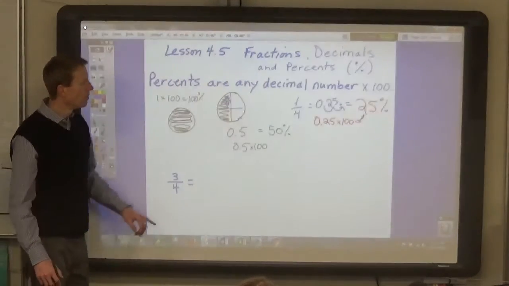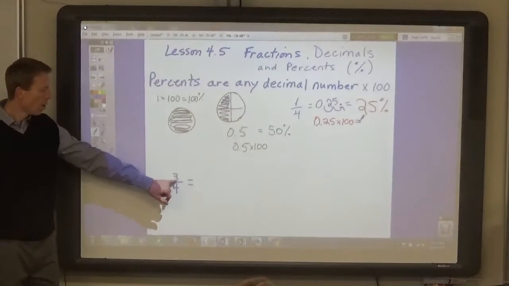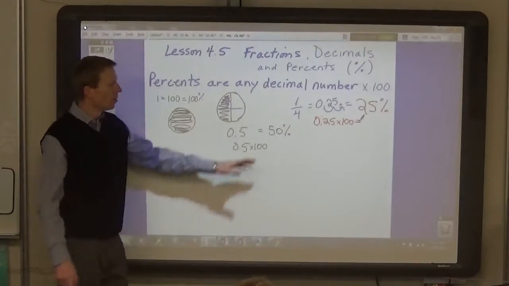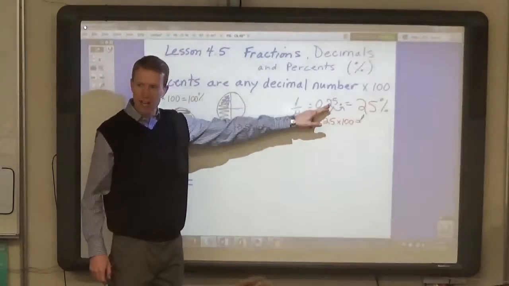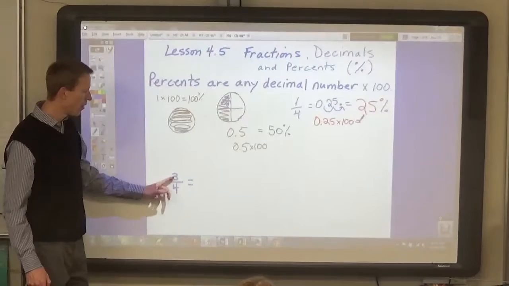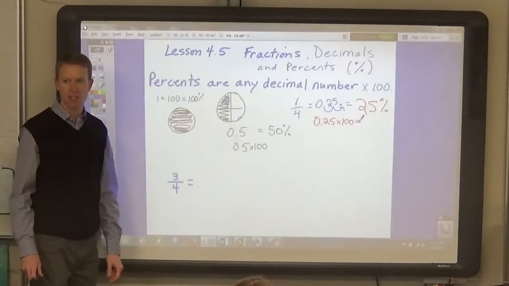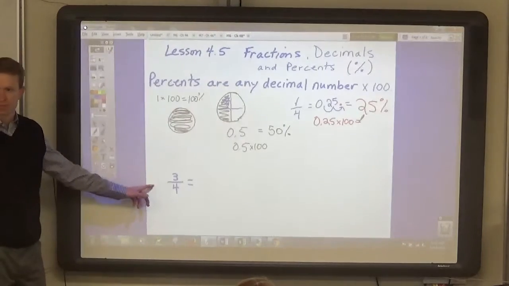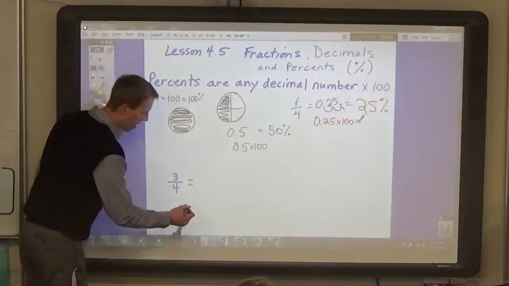All right? So, what do we do with the fraction? First, we have to write the fraction as a decimal. How would we write 3/4 as a decimal? Maya? Correct.